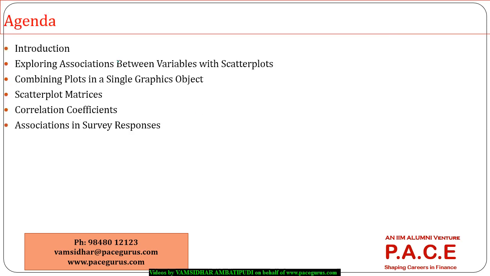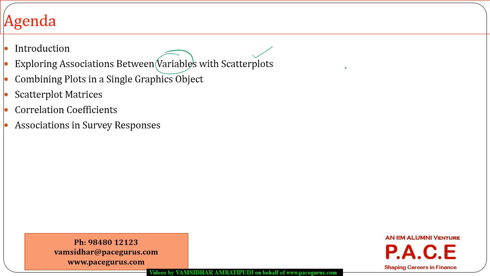So here the main agenda is we'll look at exploring the associations between the variables, wherein we will be using the scatter plots. So we'll plot the scatter plots and the different extensions to that scatter plots using R. We will talk about how do I typically plot multiple plots in a single screen.